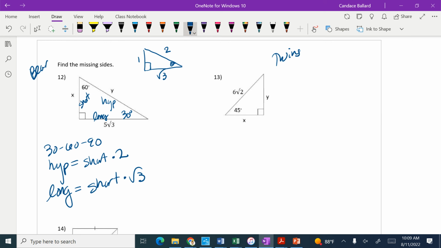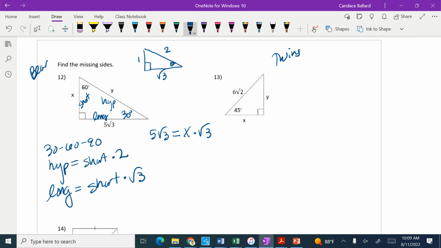All right, so what am I going to solve for first? Short or hypotenuse? Got to solve for short first, right? Because I need short in order to get hypotenuse. So I'm literally going to just take this and put it in for the long leg. So I'm going to say that my long, 5 square root of 3, equals my short, which is x, times square root of 3.